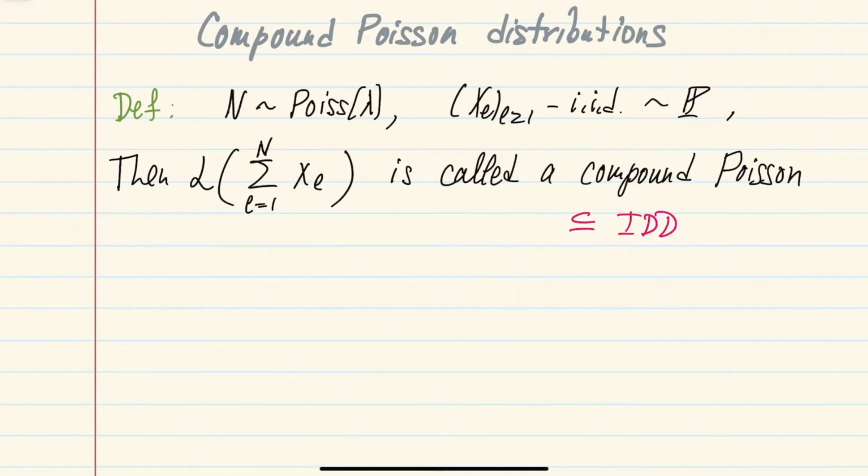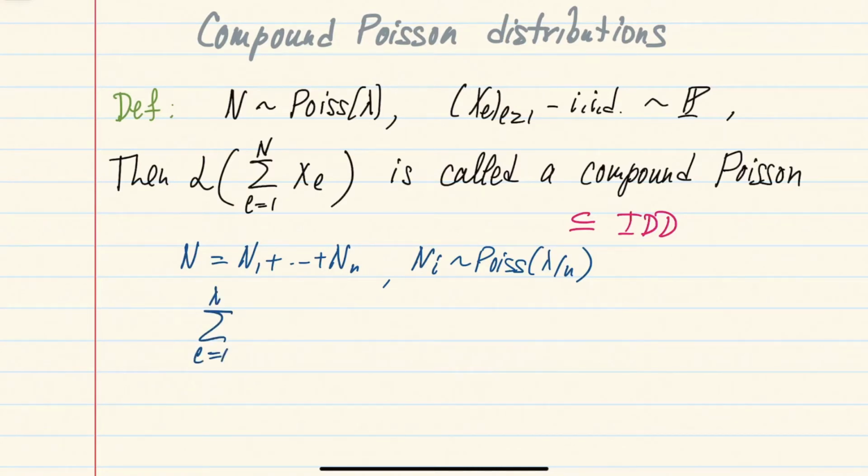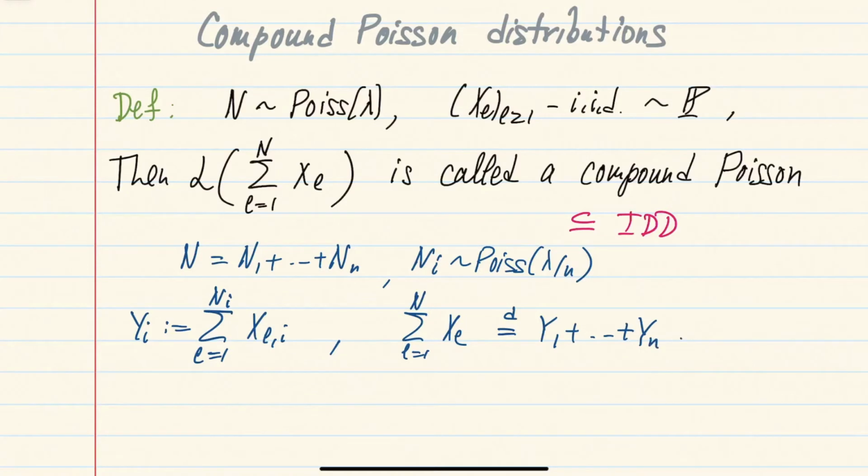Because if in this definition you break your Poisson random variable N into a sum of n independent IID Poissons with parameter lambda over n, then defining a sum as above for each of these independent Poisson random variables N_i of X_l, where of course you also have to take independent copies of the sequence X for each i, will give you a random variable, let's say Y_i, such that your original sum is equal in distribution to the sum of these Y_i's, and clearly these Y_i's are IID.